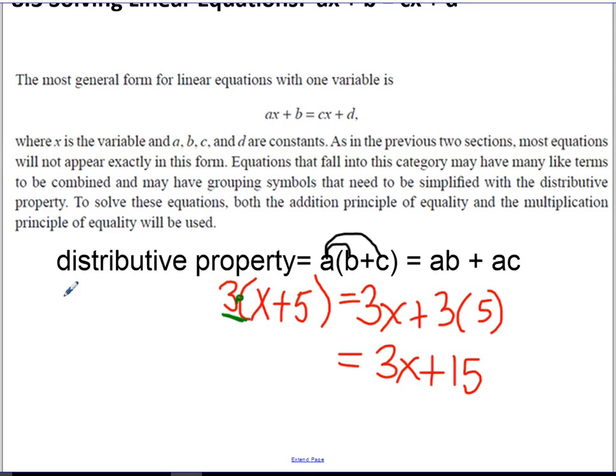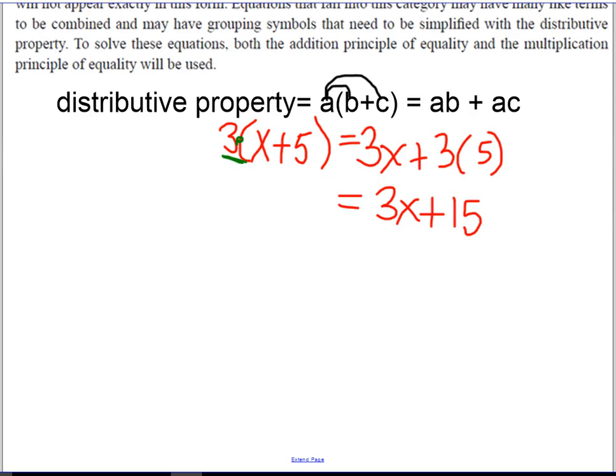Now they mentioned the addition principle of equality, the multiplication principle of equality. We have seen those before. We just don't talk about them with those terms.